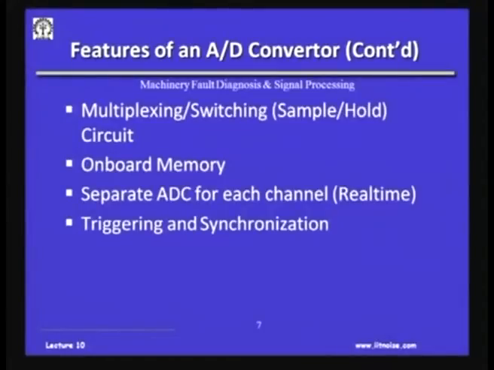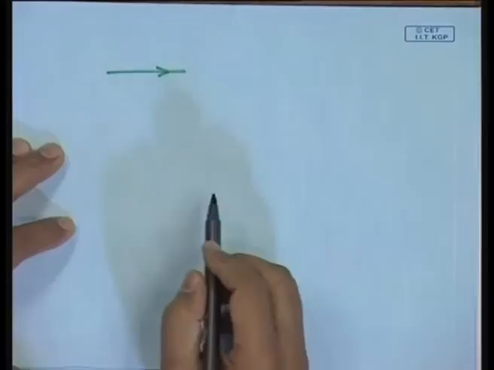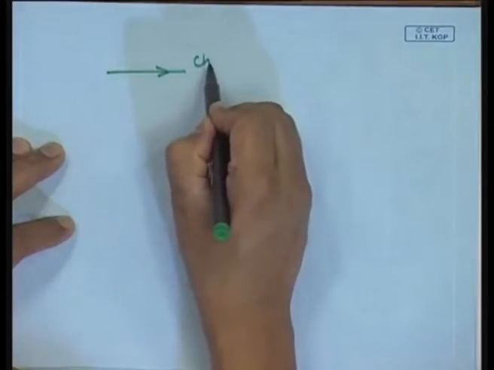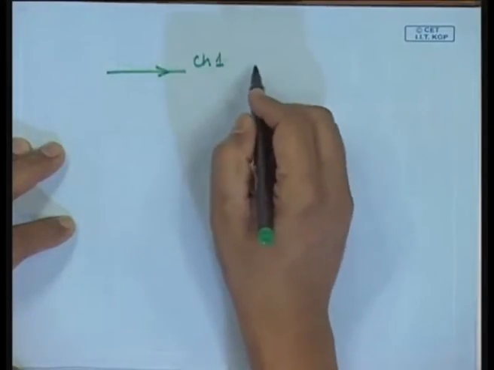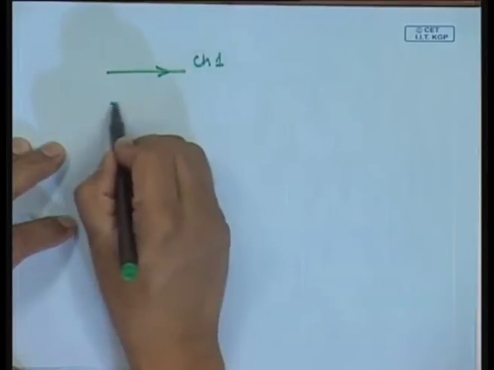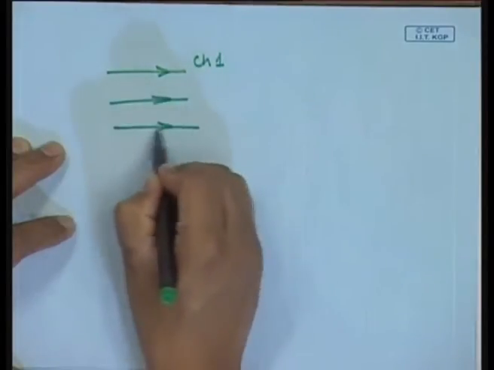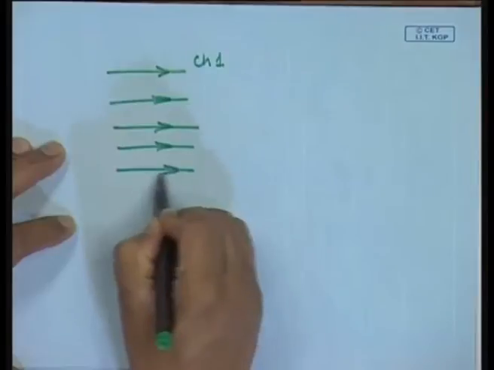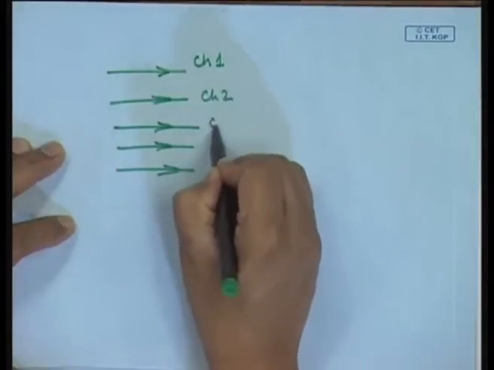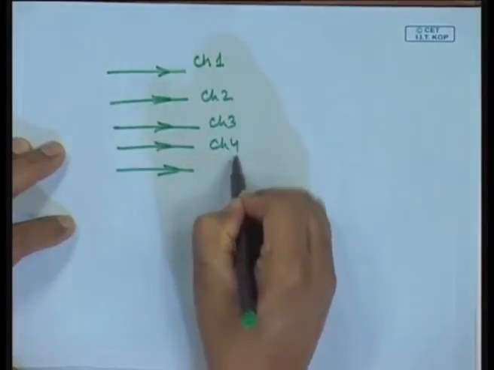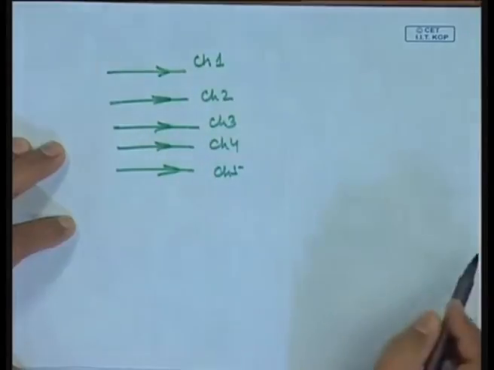So, this is one feature which is also available in the A to D card. The other important feature is, suppose I have a lot of signals coming in. Suppose my signal is coming in channel 1, usually the inputs are known as channels in A to D conversion. I have a few more signals coming in the remaining channels. Okay.